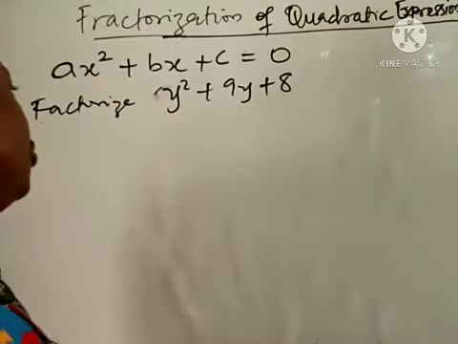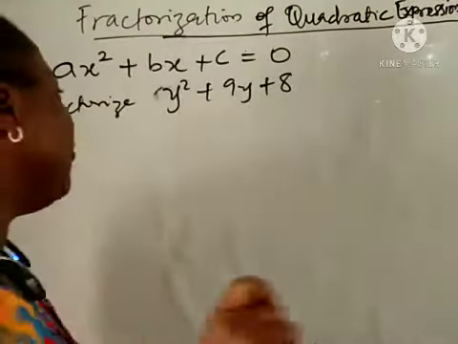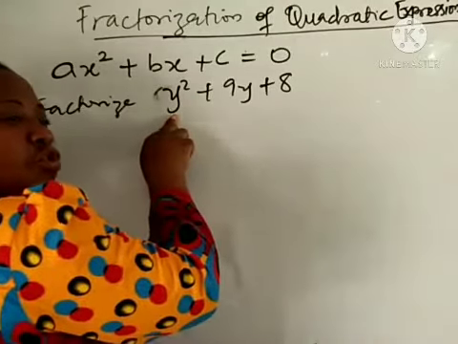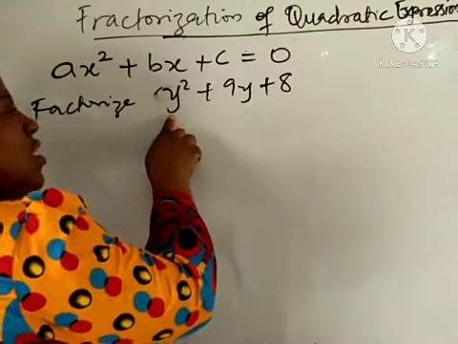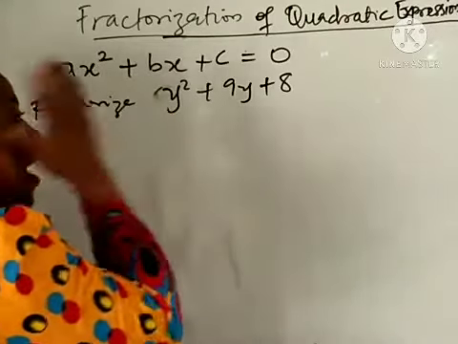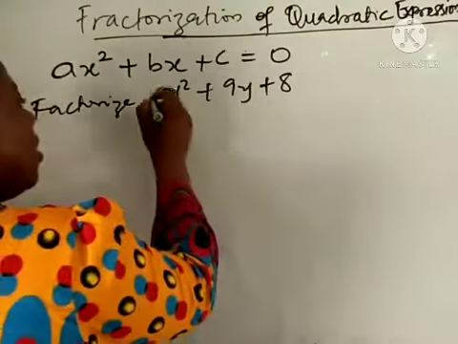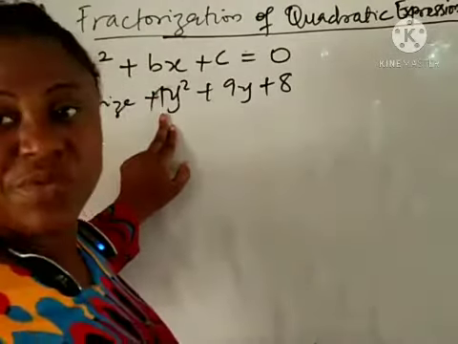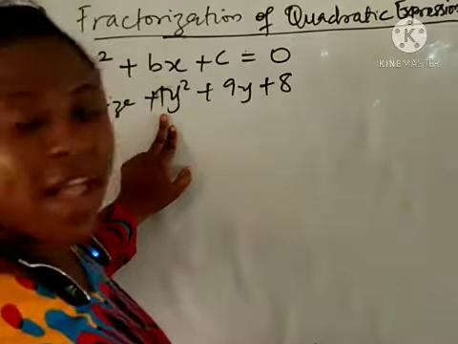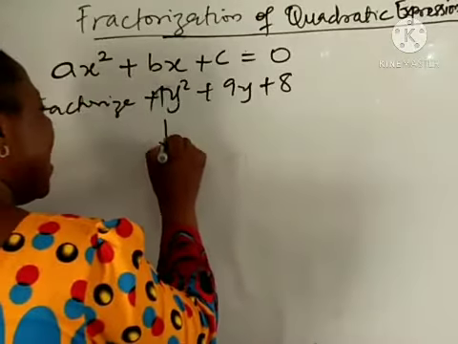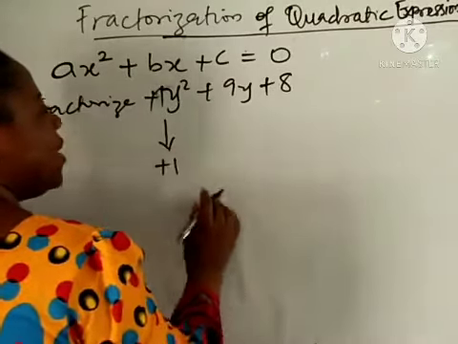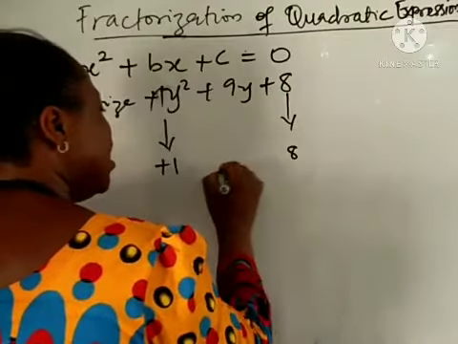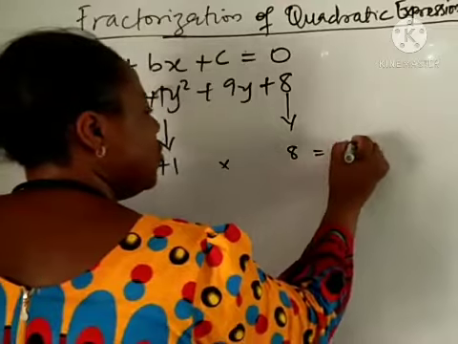The first thing we need to do here is pick the coefficient of the unknown that has the power 2. What is the coefficient here? This is y squared, the same thing as plus 1y squared. So the coefficient here is plus 1. We pick the constant here, which is 8.